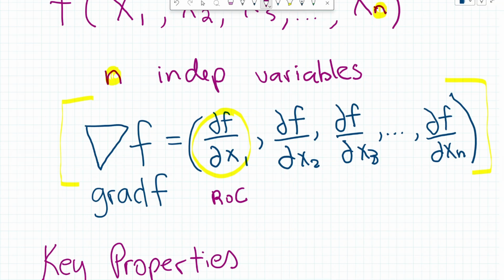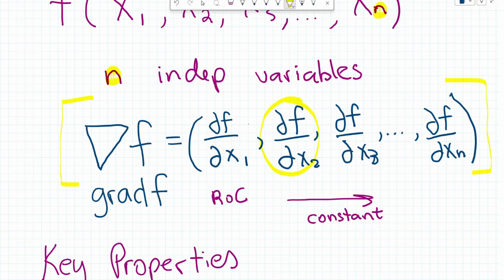And when we take the rate of change with respect to that variable, all the other variables are held constant. Okay? So we can now specifically see how our function varies with respect to x1. And then we can move on. We can look at x2. Then we can see what is the rate of change of our function with respect to x2, while keeping everything else constant. So that's the theory behind what we're doing.